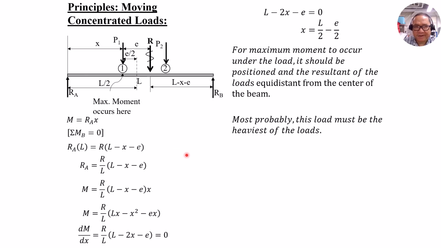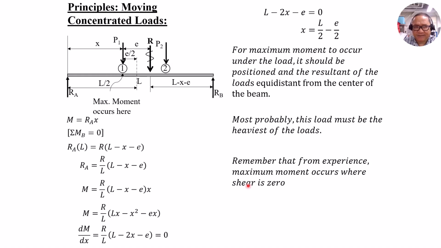So of course, by experience and common sense, the heaviest load when very close to the center will cause great bending of the beam, and therefore that's the possibility that the absolute maximum moment occurs under it. So remember that from experience, maximum moment occurs where shear is 0. So this occurs under the point load. So that's the preliminary idea.